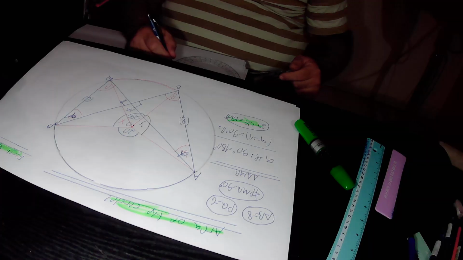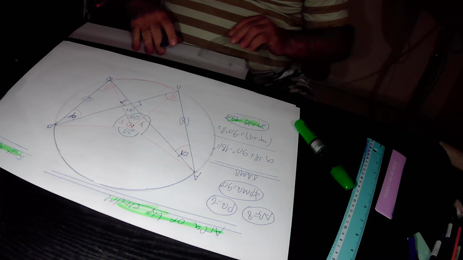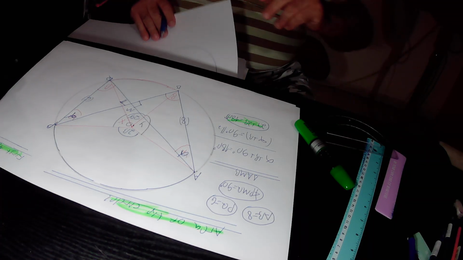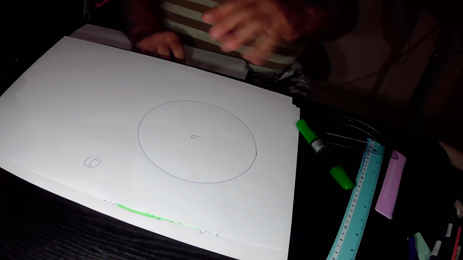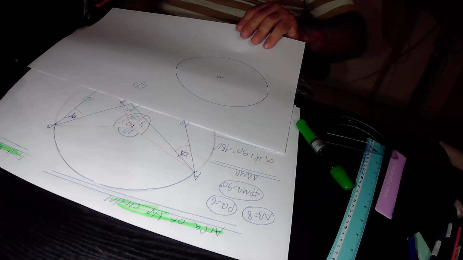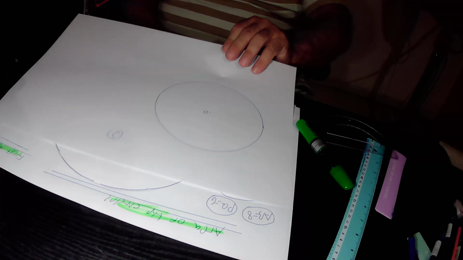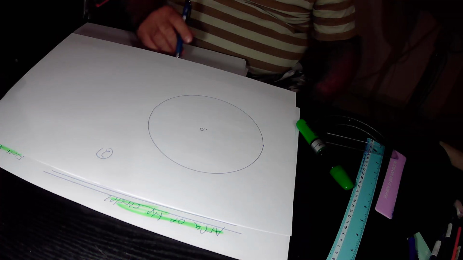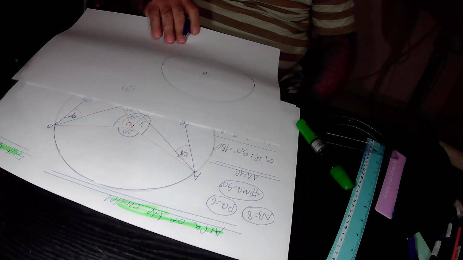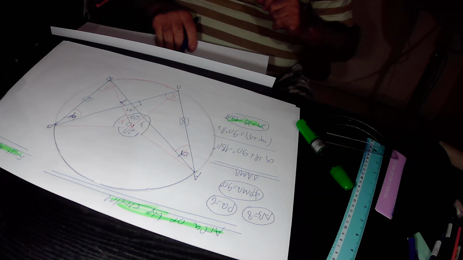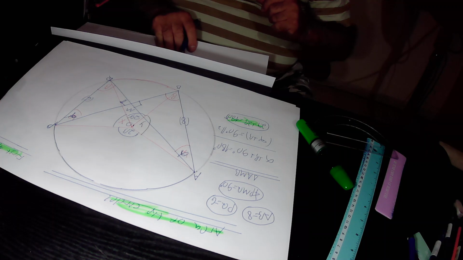Point O is the center of the circle. So I copied this circle here. It doesn't look exactly the same size, but we relate to those two circles as equal to each other in their sizes.